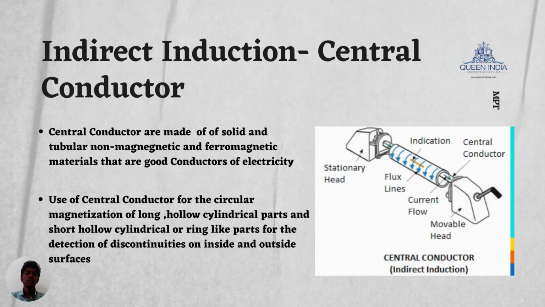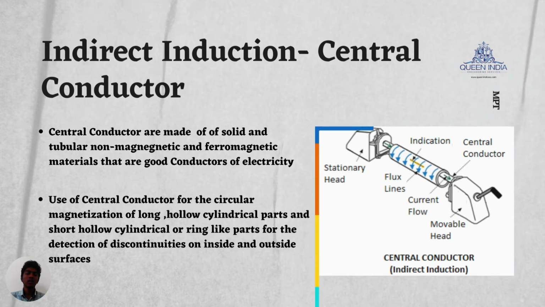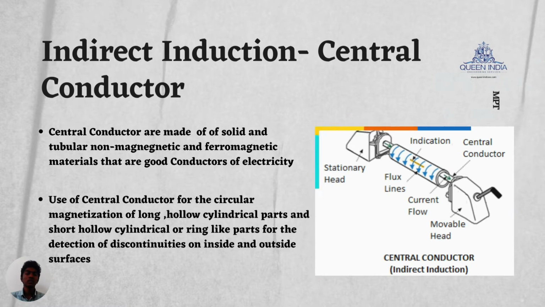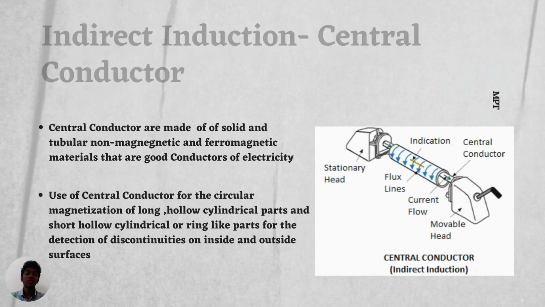Indirect induction central conductor. Use of a central conductor allows circular magnetization of long hollow cylindrical parts and short hollow cylindrical or ring-like parts for the detection of discontinuities on inside and outside surfaces. Central conductors are made of solid and tubular non-magnetic and ferromagnetic materials that are good conductors of electricity.